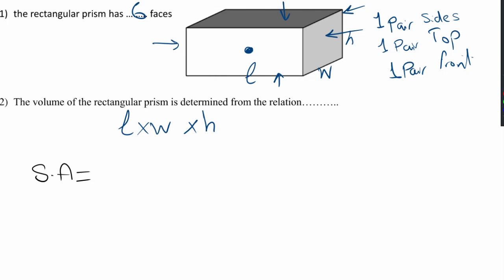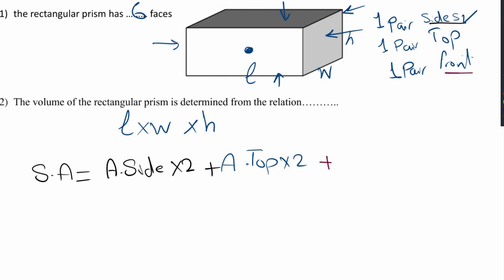So to get the surface area, get the area of the side and multiply it by 2, plus the area of the top multiplied by 2, plus the area of the front multiplied by 2.